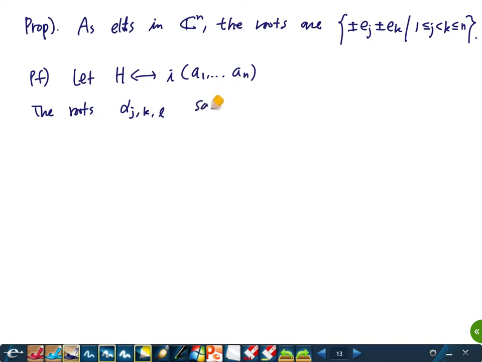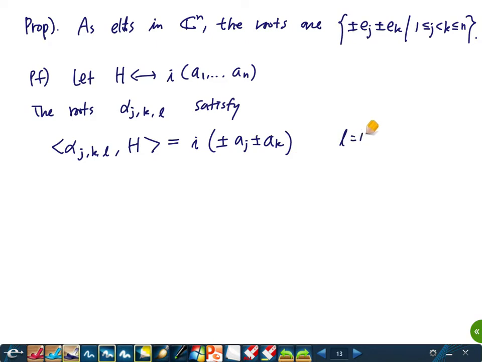These satisfy this relation. Depending on l, we have four types of numbers, but they are all, in fact, of this form. As for l = 1, 2, 3, 4, if you compute them, then it looks like that.